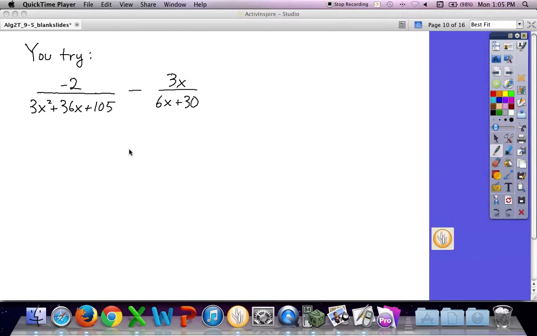And again, we need to look at this as... this first denominator, even though it starts with 3x squared, is not really that kind of quadratic that we need to use the long process to factor. Because in fact, 3 is a factor of all those numbers. So greatest common factor factoring will simplify this.